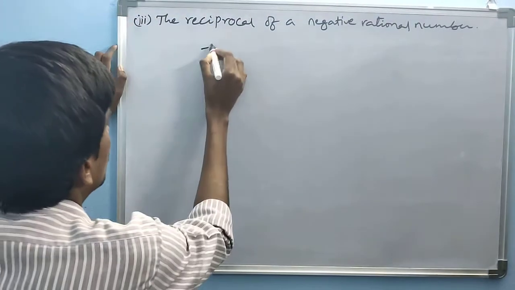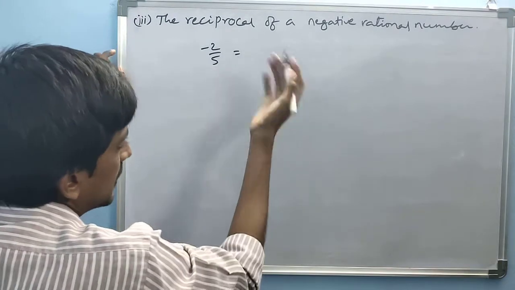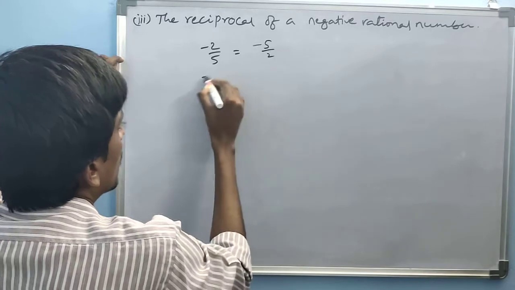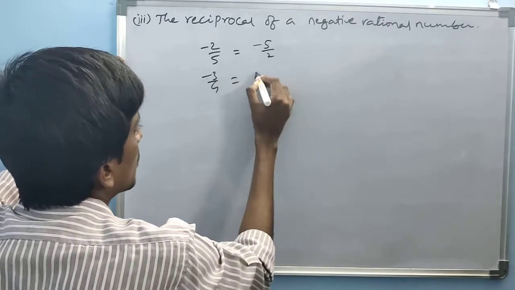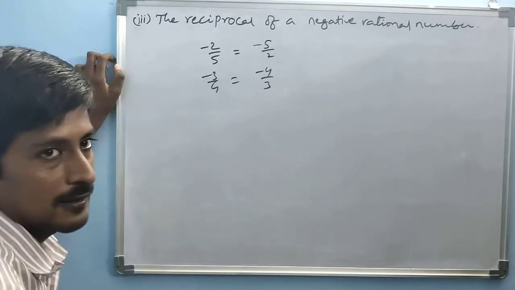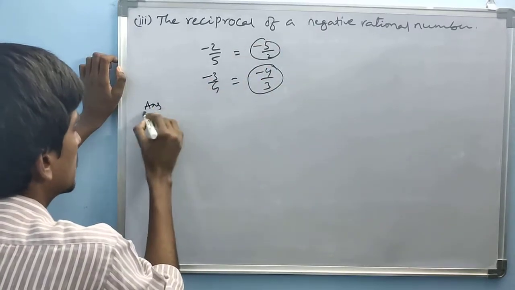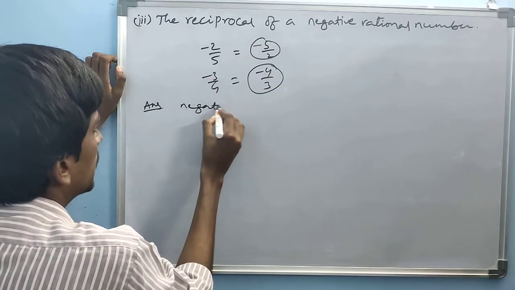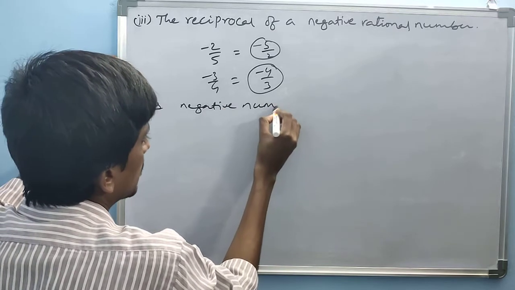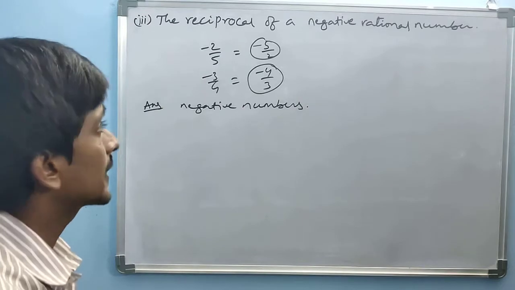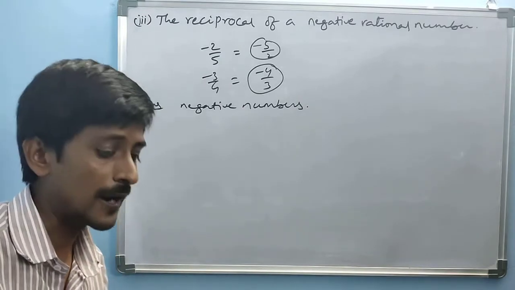For example, minus 2 by 5. What is the reciprocal of this number? Minus 5 by 2. Minus 3 by 4, reciprocal minus 4 by 3. So it also gives a negative number. So your answer is negative numbers. This is exercise 1.1.